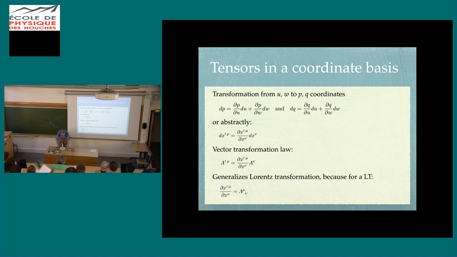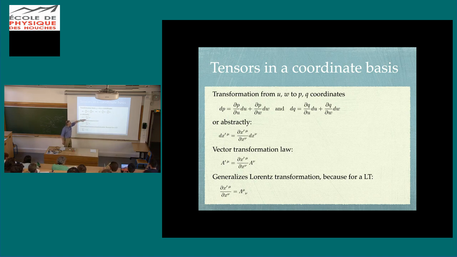The chain rule for partial derivatives means that if I want to find the total change in P, I have to figure out how much P changes with U times dU, plus the partial of P with respect to W times dW, and the same sort of thing for Q coordinates.